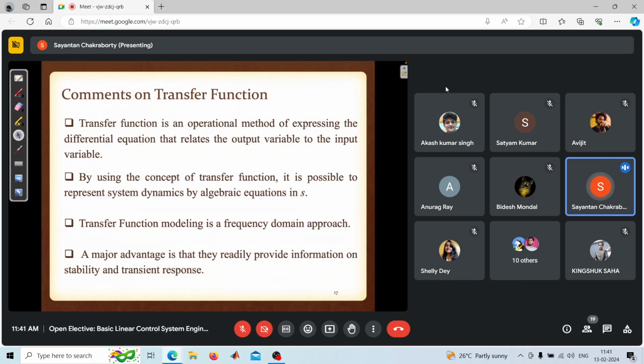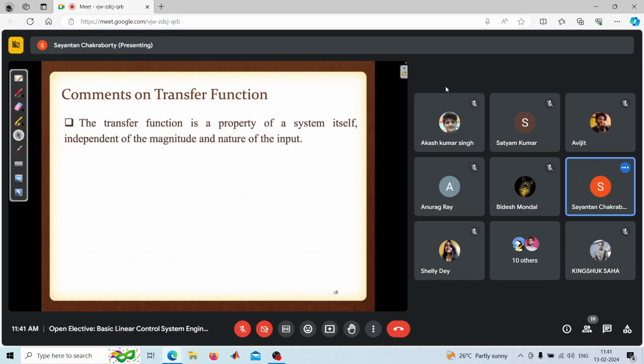That is, by looking at the transfer function, you can readily say whether the system is stable or not. You do not have to go for checking the BIBO stability condition and all. And you can clearly say what the nature of the response is for first and second order systems. That is a very important aspect.